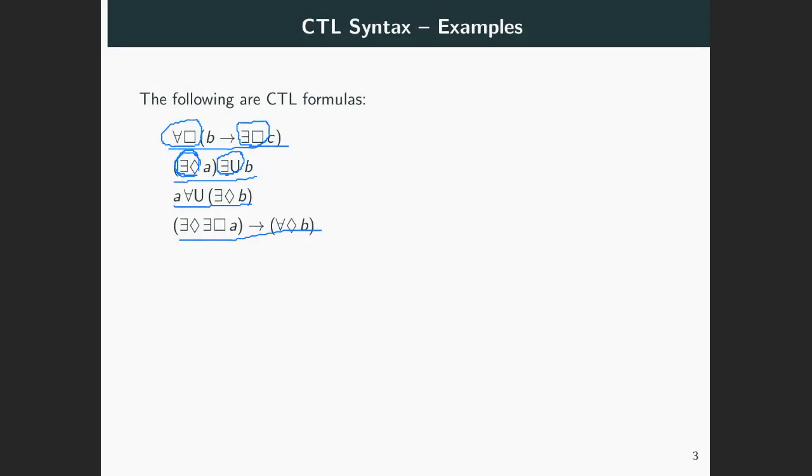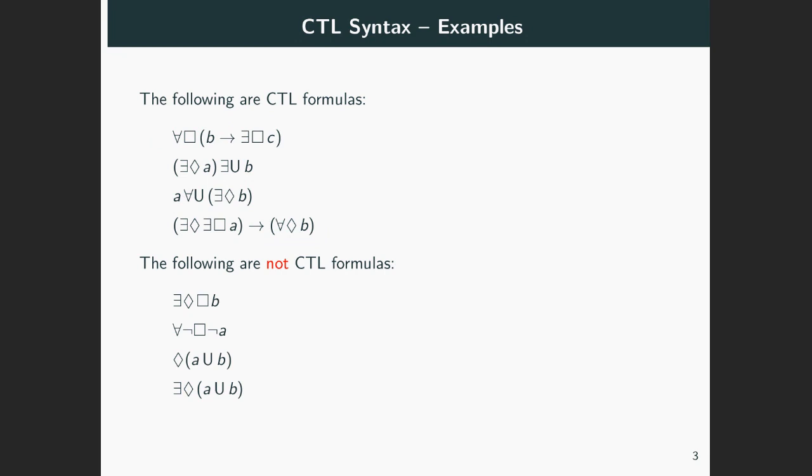In fact, such a pair of a path quantifier and a temporal connective should be regarded as a single identifier for a CTL connective. In CTL, for example, we don't have a separate there exists, a separate for all, or a separate always. What we do have are two distinct connectives: there exists always and for all always, for example.